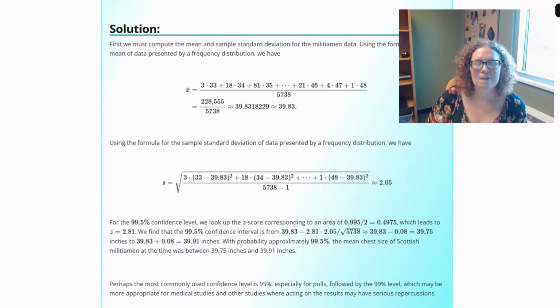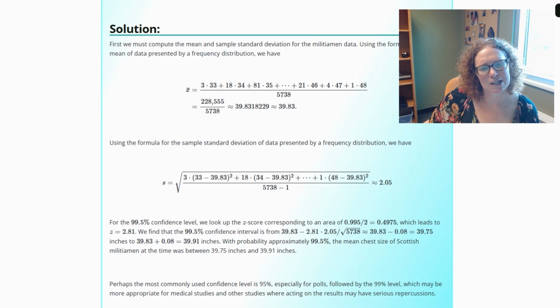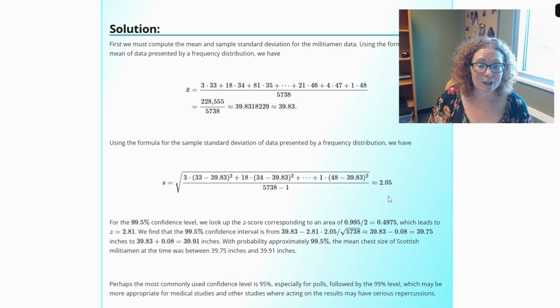So that's where we're subtracting that, squaring it. And remember, when we square it, we get a positive number. Again, with the sample standard deviation, we're subtracting 1, because remember, it's an estimate. So we're trying to get a little bit closer. That's what our mathematicians have decided, that when we have the sample standard deviation, we say n minus 1. So we get 2.05.